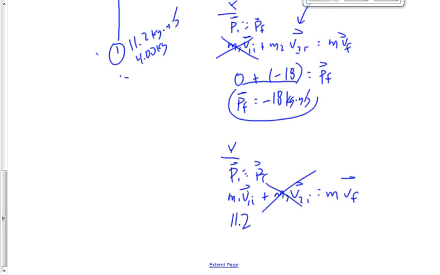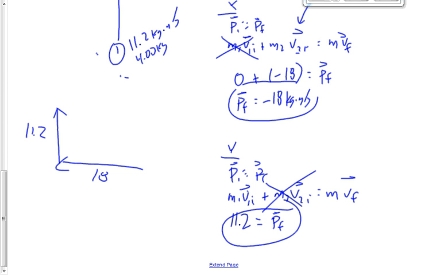The final momentum, oh, it's m times v, but m times v just equals p. So the final momentum y component is 11.2. The initial momentum in the y direction will equal the final, and there was only one object going on the y-axis, so that's what it is. Now let's combine those. 18 to the left, 11.2 upwards.